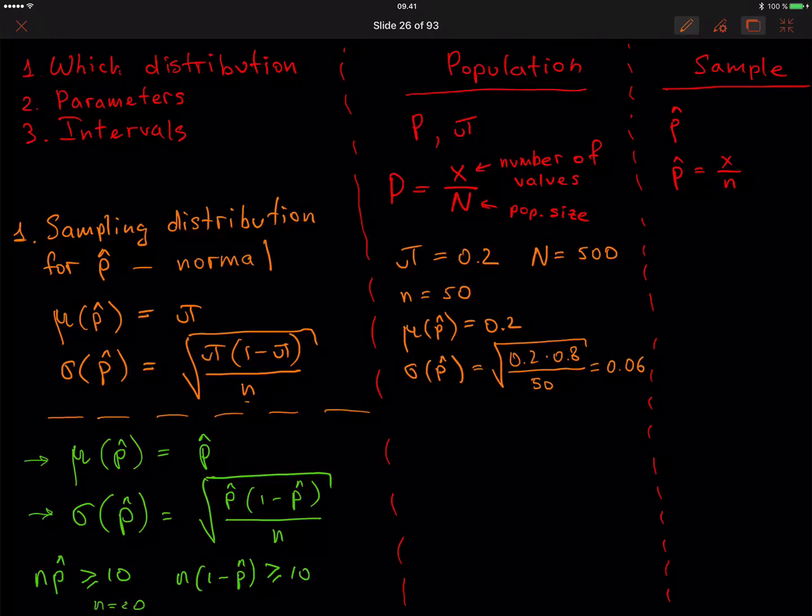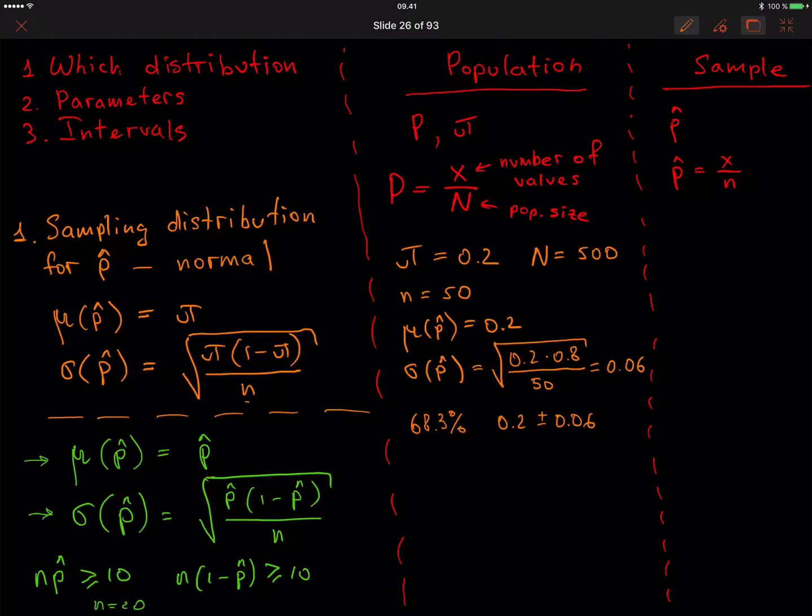Okay. Now what does this mean? It means that, for example, if I take a random sample from this population and the sample size is 50, then in 68.3% of cases, because it's normally distributed, the proportion for my sample will be within 0.2 plus minus this 0.06.